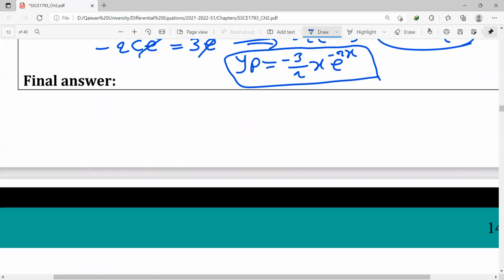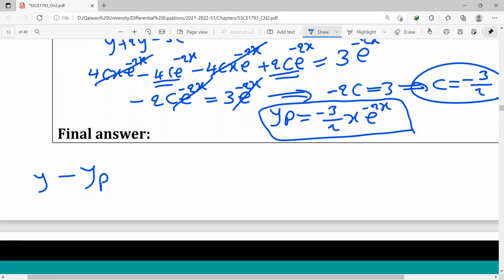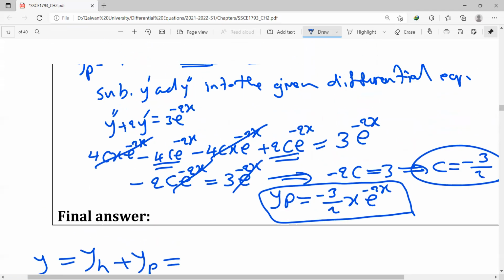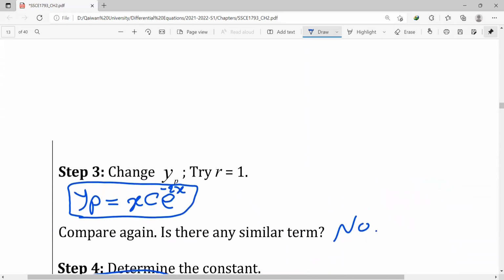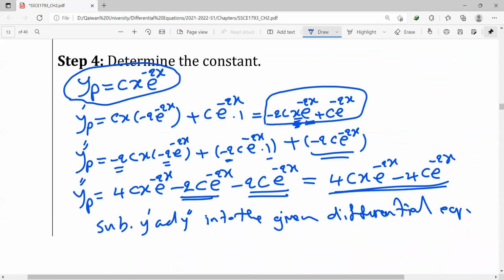How about the final answer? If it's not written there, I'm going to write it down. We say y equals yp plus yh. So what's yh? Yh is a plus b e to the power minus 2x. This is yh.